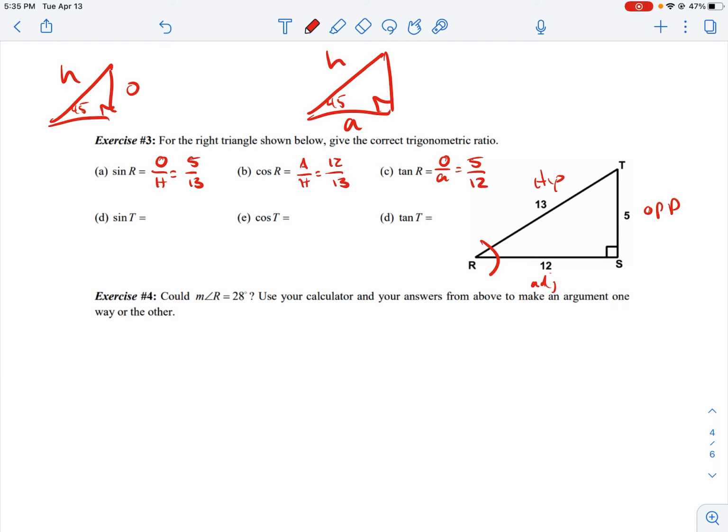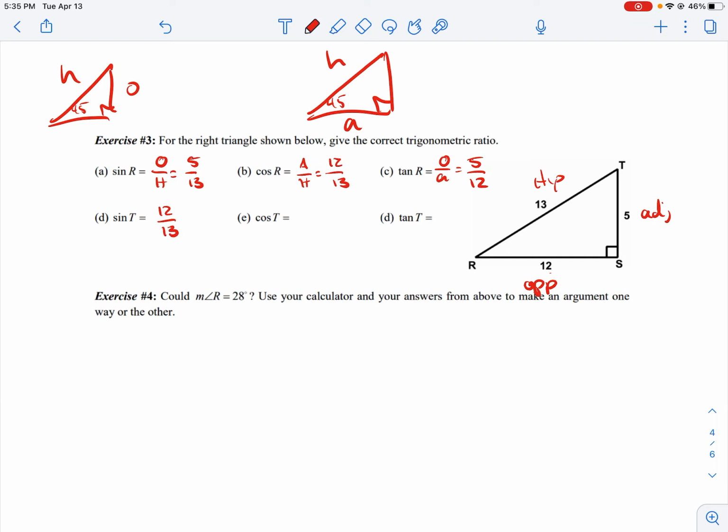Now let's go the opposite. So now we want to find the sine of t. What we're going to have to do is switch up. Now the hypotenuse stays. Now our opposite is down here, and our adjacent is up to the right. So the sine of t is going to be some old hippie. So again, it's going to be 12 over 13.